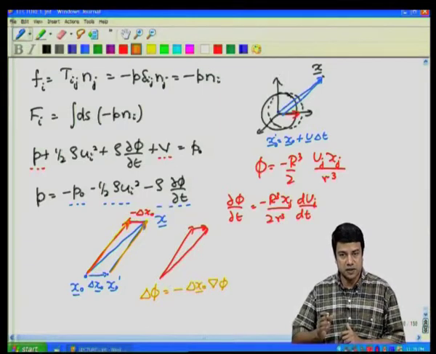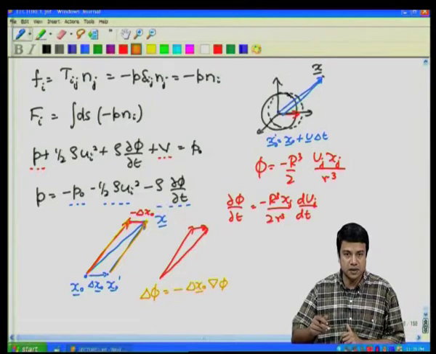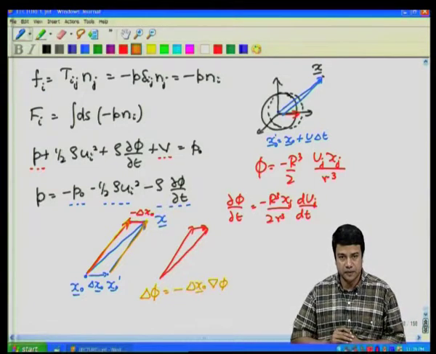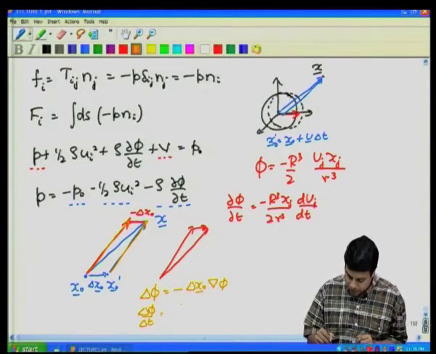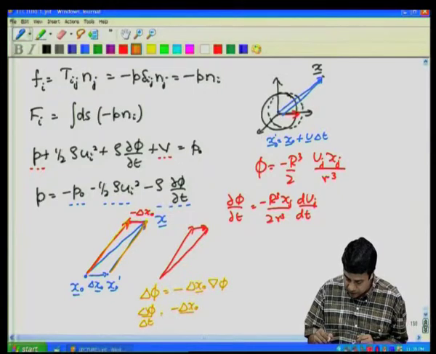The change in potential between these two locations is equal to the displacement, which is minus delta x naught, times grad phi. That is taking place in a time delta t. Therefore, the rate of change of potential, which is delta phi by delta t, is equal to minus delta x naught by delta t times grad phi.